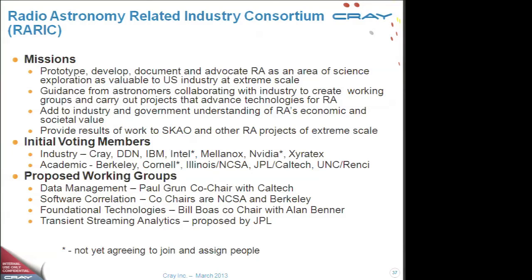And so if we work with our suppliers, we can get a sense of what we're going to have available to us in the time frame. That's what this is for. And then we're very open to other working groups, and I'd encourage any of you who are interested in participating in this to contact me. I'm currently the acting executive director of this thing.